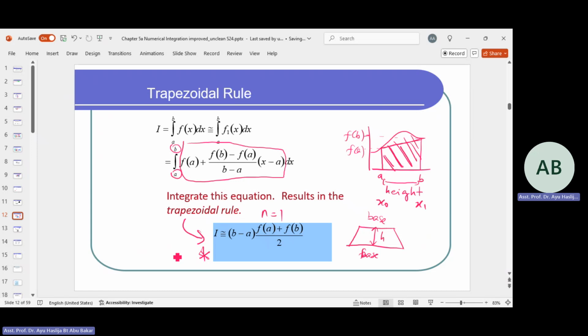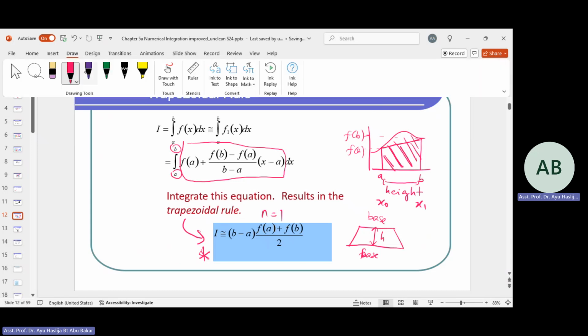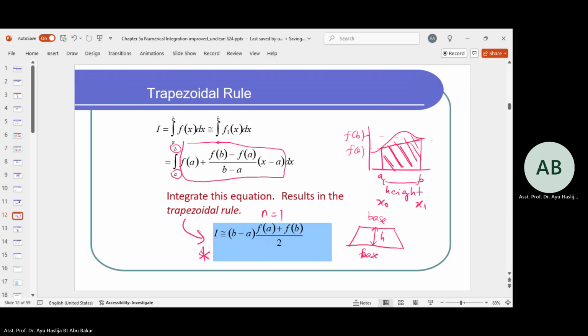Now, how does this look like a trapezoid? This is the upper and lower. This part is the base. The AB is your H. Can you picture that? So AB is your height.